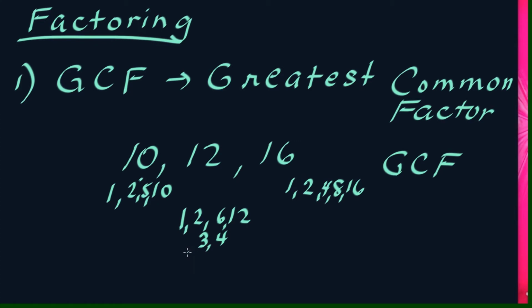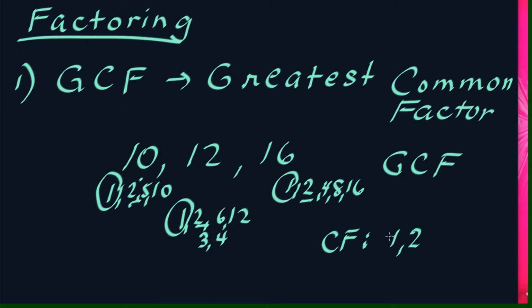So what are the common factors among this group over here? The common factors for these three groups of numbers are 1, right? What else? Do you see 2 in all of these groups right here? Yes. So 2 is also a common factor. What about the 4? Okay, we only see 4 in 12 and 16, but not in 10.